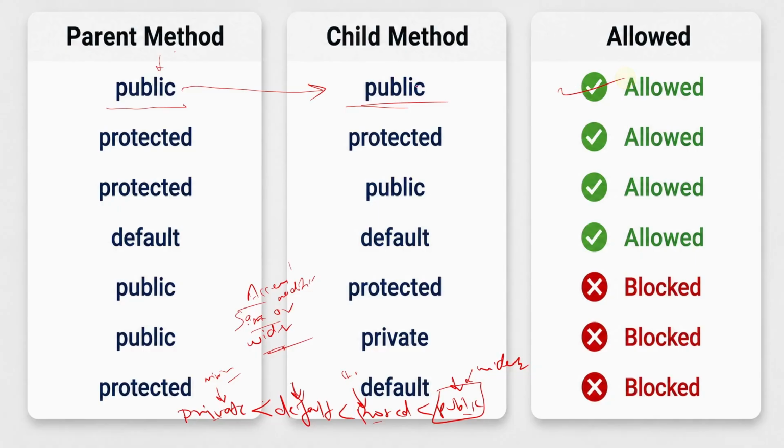So that is allowed. Now let's say I am using protected as the access modifier in the parent method. What is the rule? Same or wider. So I can use protected, that is the same. And what is wider than protected? That is public. So if we have protected as the access modifier in the parent class, then in the overriding method I can use public also.